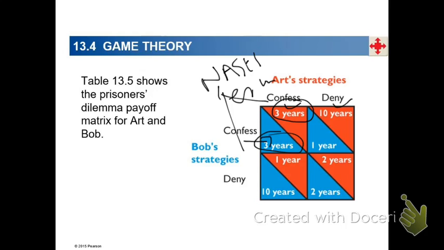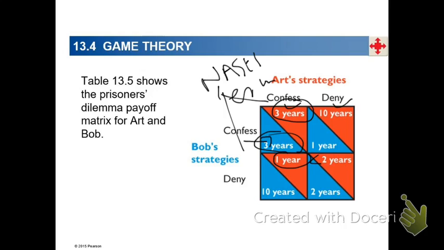Let's now think about when Bob denies. When Bob denies, Art is going to probably confess, because then Art is going to get a lower sentence. 1 is less than 2.